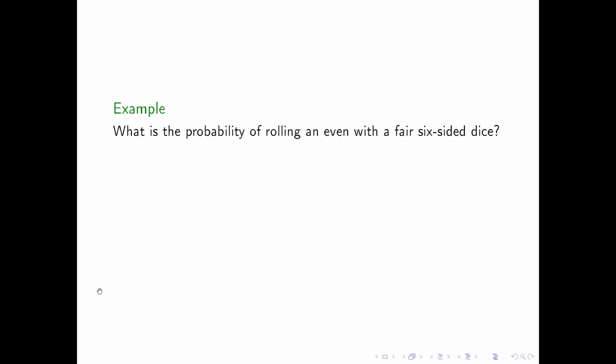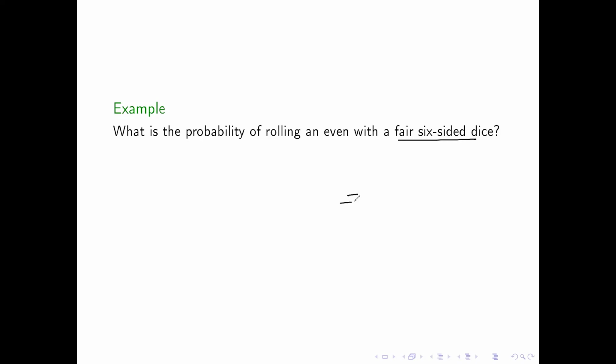I'm not going to even write it down, but let's change it a little bit and ask, what's the probability of rolling an even number? So let's step it up. First I did a 2, then a 3, and now even numbers in general. Again, I'm rolling a six-sided dice, and you can pause this and try it on your own.